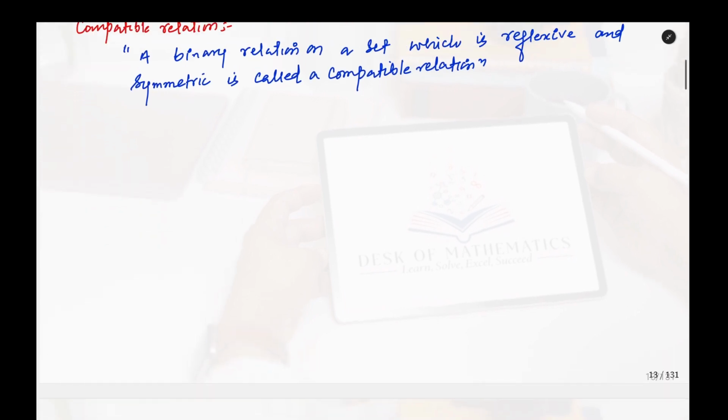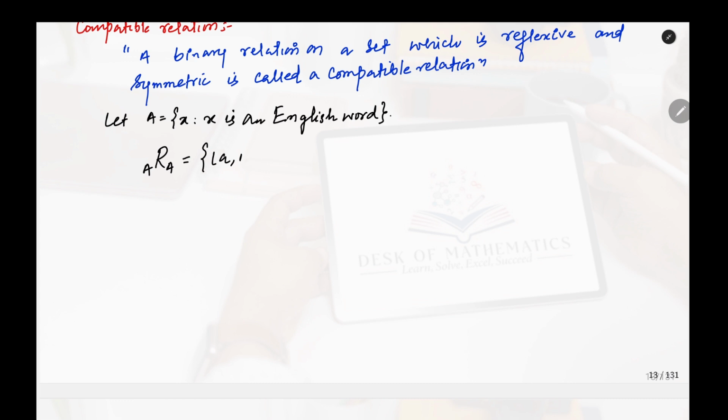For example, if you have a set A in which the elements are English words, and we define a relation R on A such that (a, b) belongs to R when a and b, both in A, have one or more letters in common.